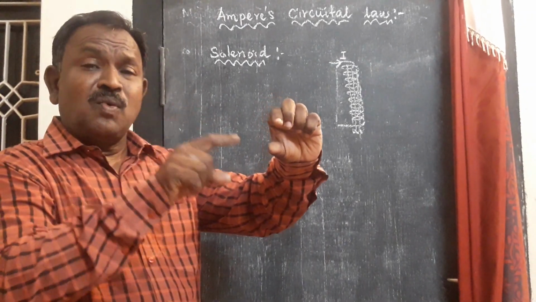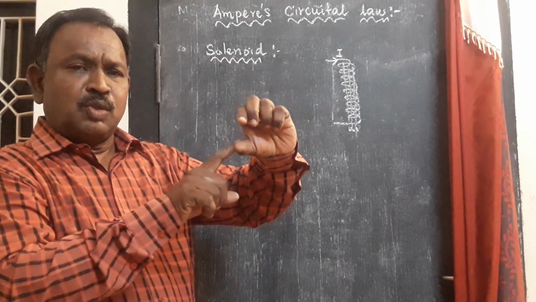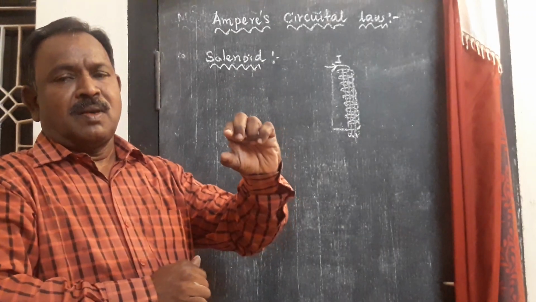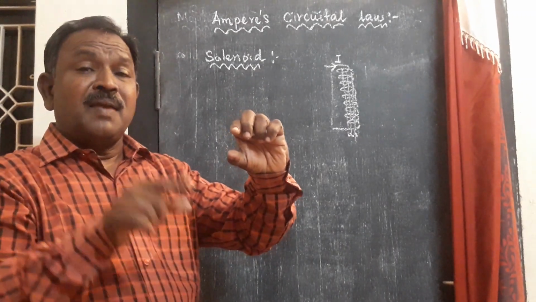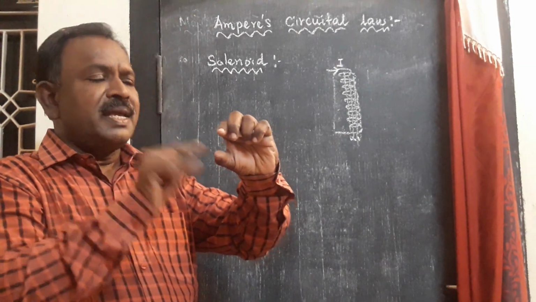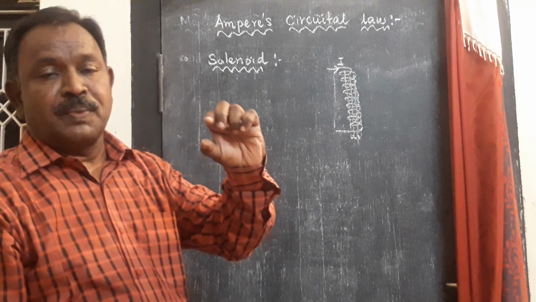If the current flows in clockwise direction, the near end is the south pole and the far end is the north pole. On the other hand, if current flows in anti-clockwise direction, the near end is the north pole and the far end is the south pole.